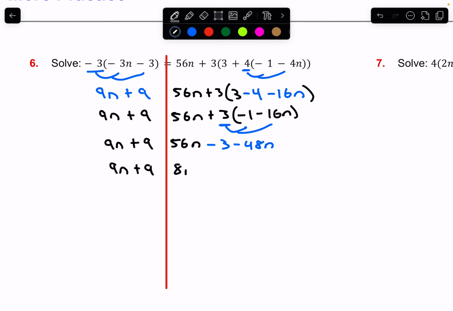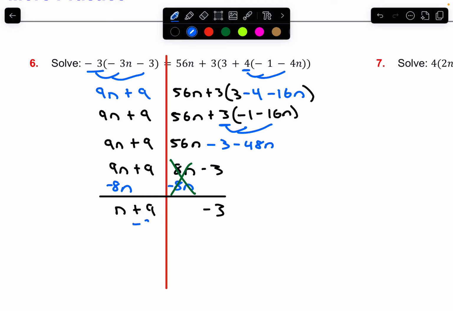Okay, now we're going to go ahead and start moving things around. So to do this, I will subtract 8n from both sides to get all the n's to the left side. So that 8n cancels out on the right. I want to do that in green. 8n cancels out, and on the left side, we have 1n plus 9 is equal to negative 3.